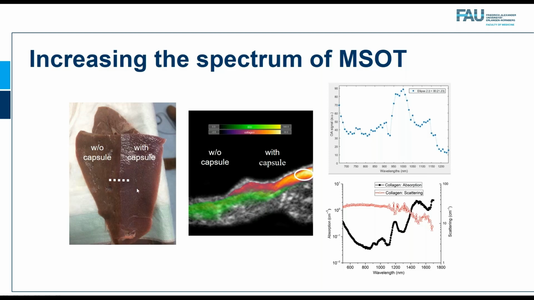On the right side it is with capsule, and if you image this part of the tissue with MSOT, you see that in the region where you have the capsule, you can identify collagen based on multispectral unmixing of wavelengths starting at 900 nanometers up to 1200 nanometers. So there's still some room left to maybe even get more information out of MSOT in IBD patients.